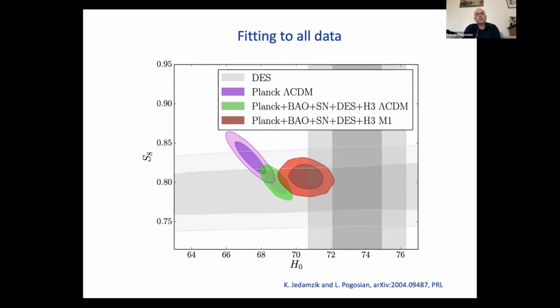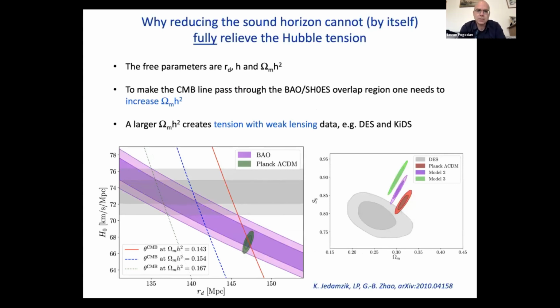Now, if you combine Planck and, let's say, SH0ES and add BAO and supernovae, then you get this relief of tensions, but adding BAO prevents you from achieving higher values of H0. And there is a fundamental reason for it that applies to all models that attempt to solve the Hubble tension by reducing the sound horizon.